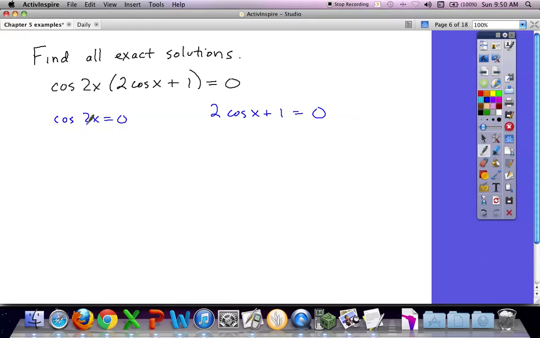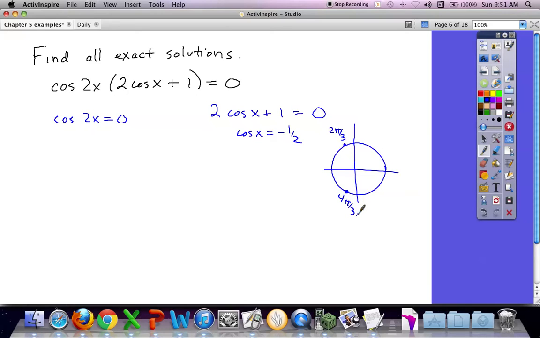angle. Right? For this one, 2 cosine x plus 1 equals 0, subtract 1, divide by 2, cosine x equals negative 1/2. Okay, on the unit circle, I know that the negative 1/2 is here and here, which is 2 pi over 3 and 4 pi over 3.